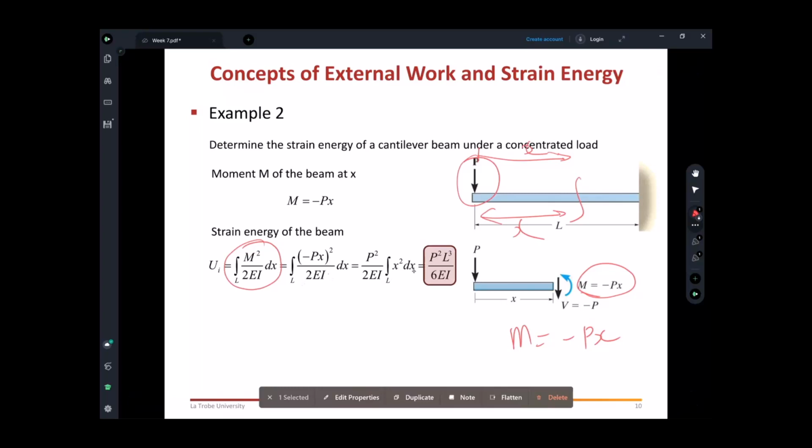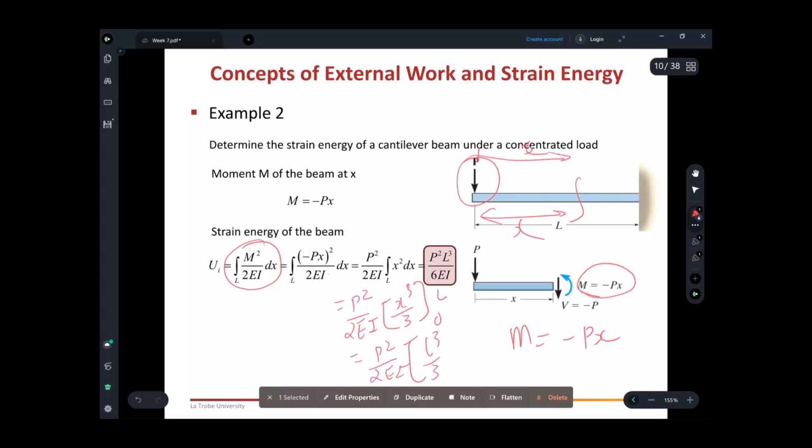You can take the common terms out, x square, P square, L. So I can just do a little bit of work here. That is x cubed over 3, from 0 to L. So P square over 2EI, L cubed over 3 minus 0. So finally you get P square over 2EI times L cubed over 3. Now, by the way, this EI is a axial, no, flexural stiffness. Flexural stiffness meaning how stiff it is in bending.